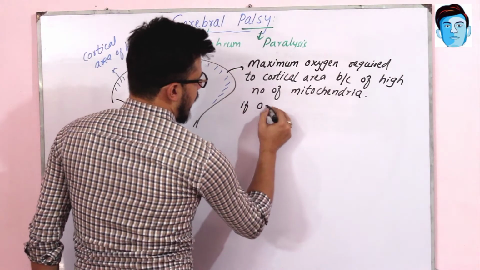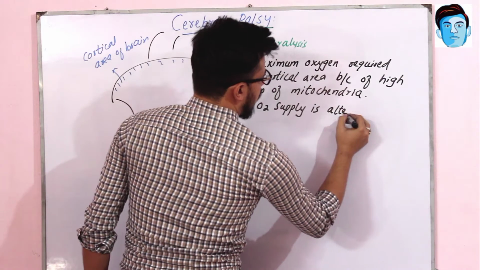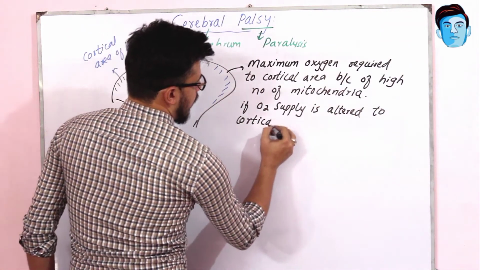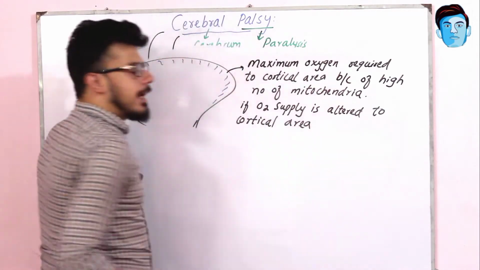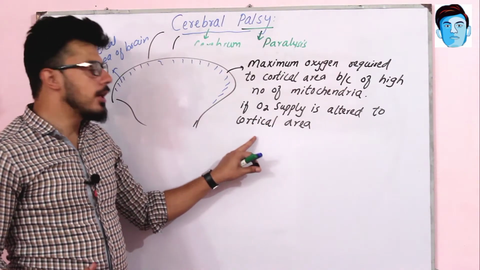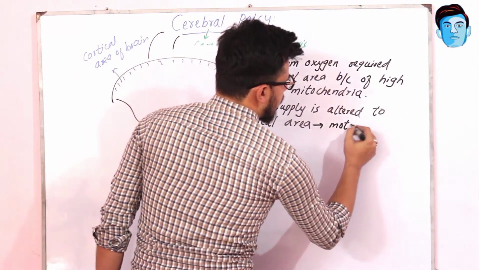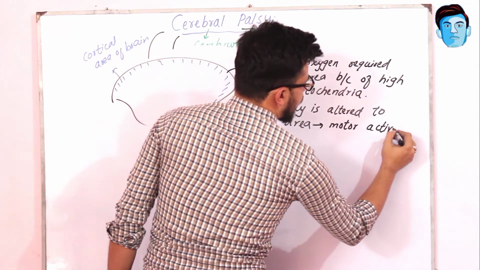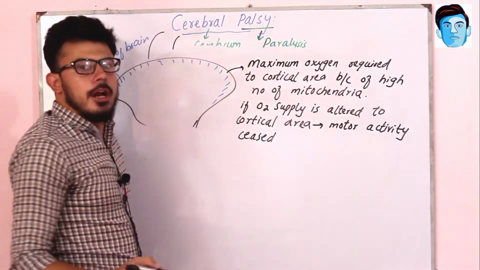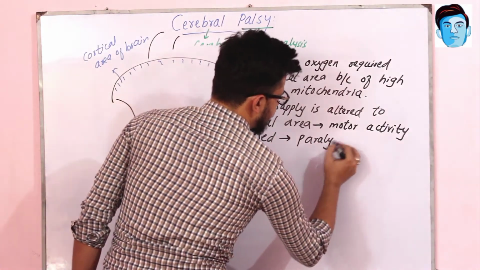If the oxygen supply is deficient to the cortical area, what happens? As we know, the cortical area is a motor area, so the motor activity ceases. Ultimately, it leads to paralysis of the body.